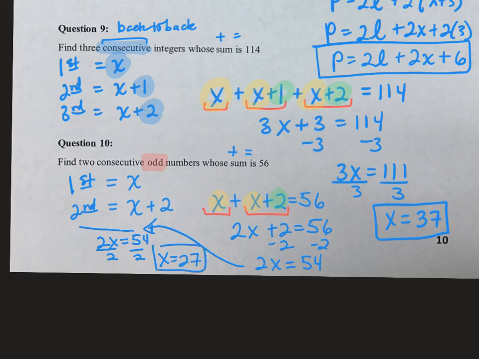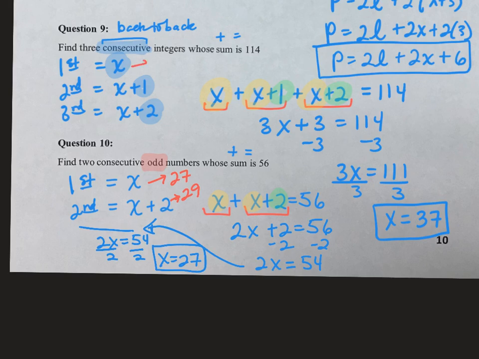So if x is 27, then my other number is 29. 27 plus 29 adds up to 56. Yep. Actually, I forgot to go back and do my answers over here.